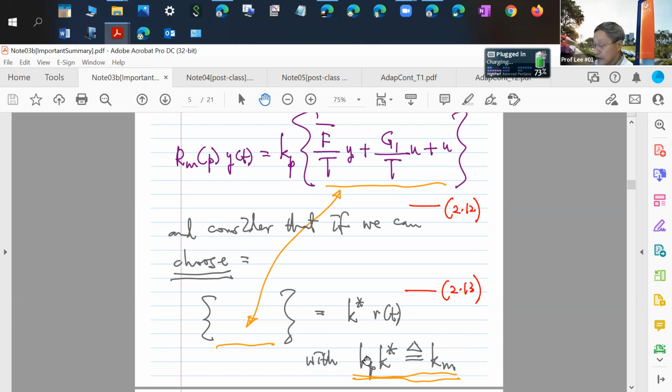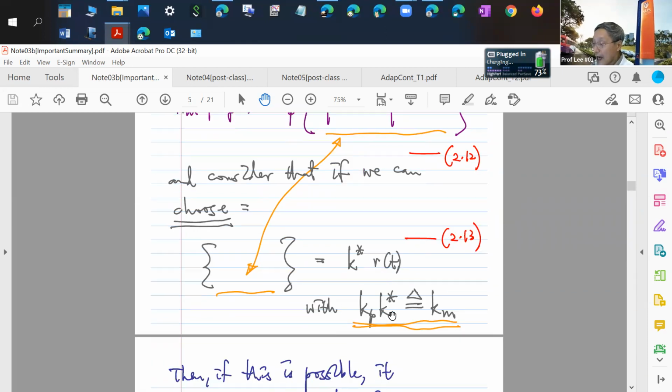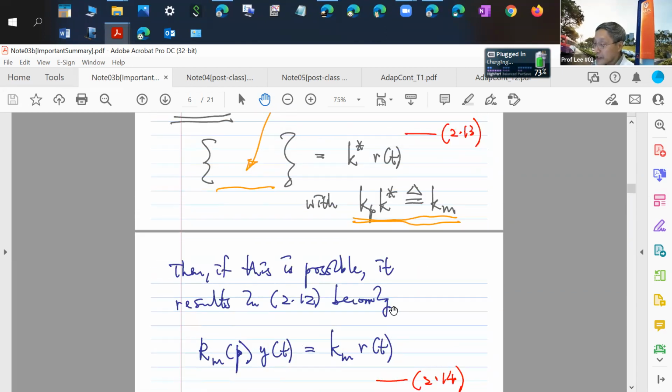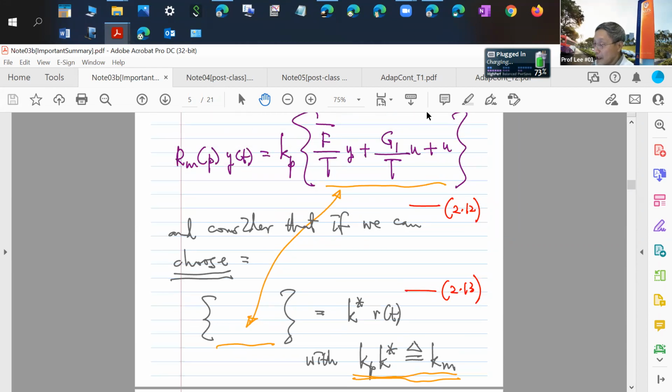completely possible because this is at the moment just stating the existence of these numbers, right? So certainly you can set kp k star equals to km in this manner, and then you put this whole thing in there. If you set this whole thing equal to k star r, then with this side, you have kp k star.